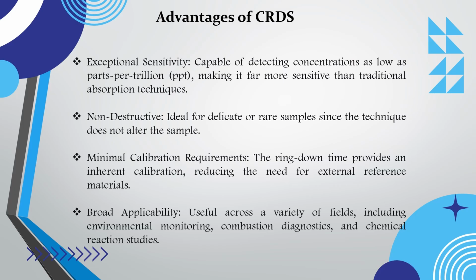Third is minimal calibration requirements. The ring down time provides an inherent calibration which reduces the need for external reference material. Fourth is broad applicability. It is useful across a wide range including environmental monitoring, combustion diagnostics, and chemical reaction studies.